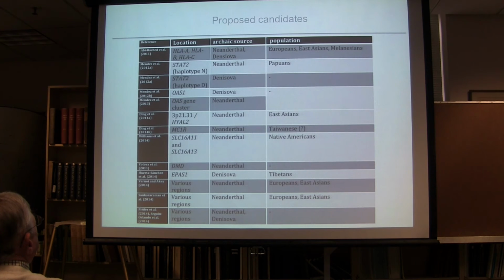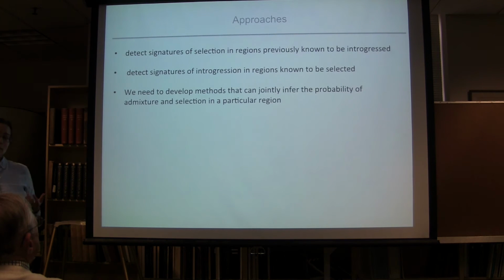But the approaches that people have taken are either to detect signatures of selection in regions previously known to be introgressed, or to detect signatures of introgression in regions known to be selected. So we really need to develop methods that can jointly infer the probability of admixture and selection in a particular region.